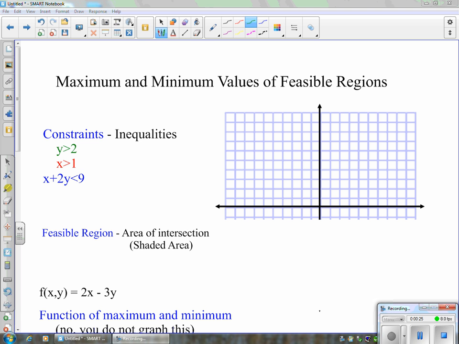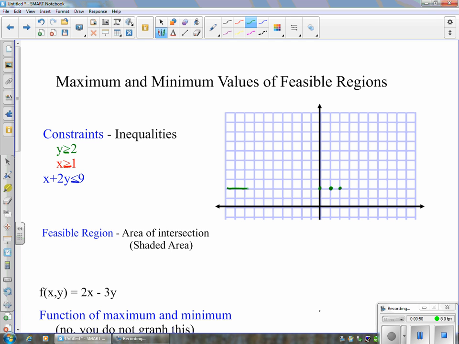Y is greater than 2. Actually, these should have been equal to, sorry about that. So y is greater than or equal to 2. That means no matter what, y has to go up 2. X can go left and right.